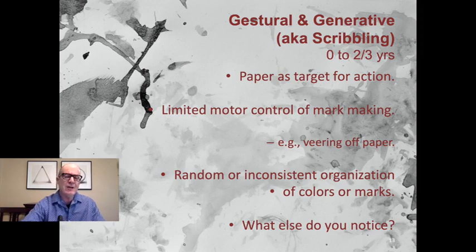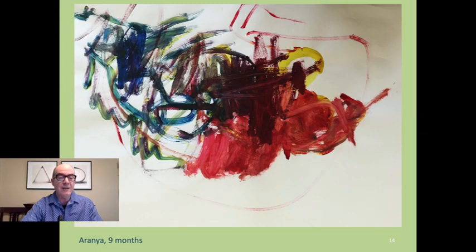They're at the edge, they're kind of uncontrolled, they're moving all over the place. They feel very random or inconsistent, and the colors and the marks don't have much of a relationship to them. So that's one characteristic. And I'm always going to ask you, what else do you notice? What can you name? I see yellow, I see blue, I see splotches of red. I want you to name things specifically, practice naming things specifically.